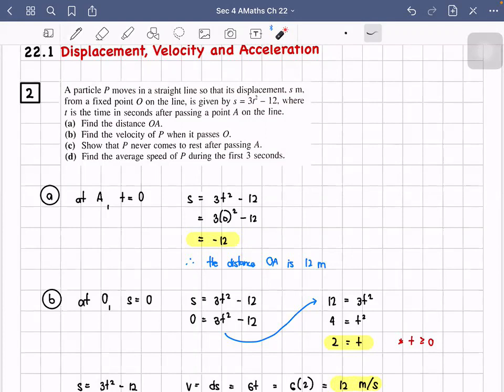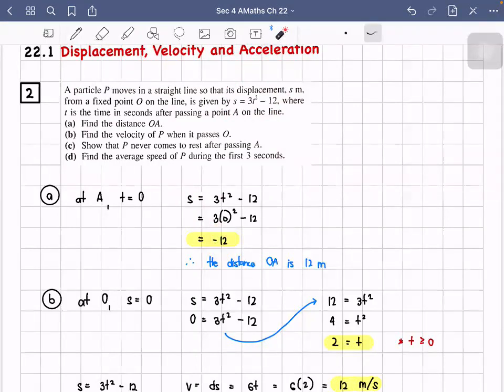The displacement is equal to 3t squared minus 12. So if time is 0, therefore the displacement is negative 12.